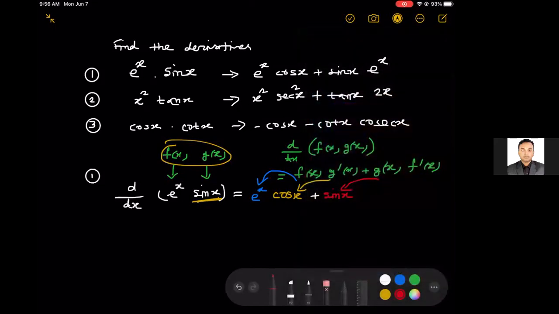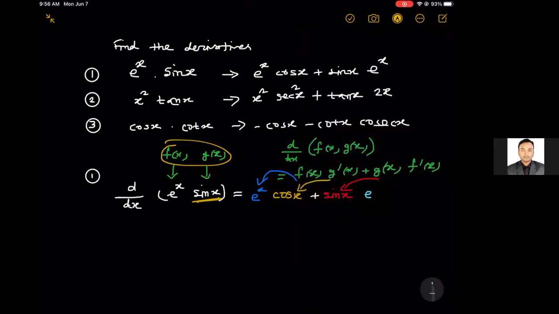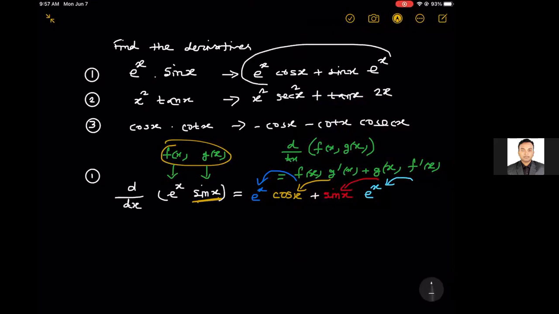Exactly. If you have e to the x, we have seen that the derivative is actually e to the x, right? And this is exactly what we have here. So group one did a great job.